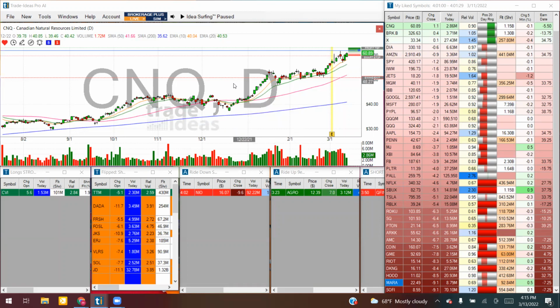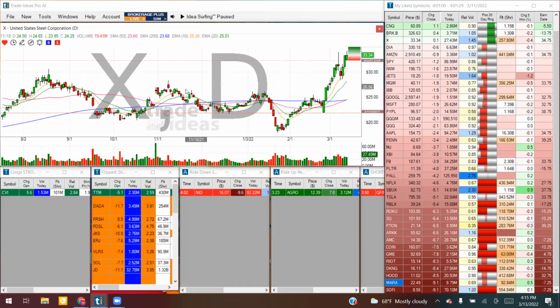Let's take a look at another stock that's been moving. It's been trending up, and that is United Steel Corp. As you can see, United Steel Corp has been trending up and is above all four of its moving averages. Trending up, right? So why wouldn't I like this stock as a possible long now?